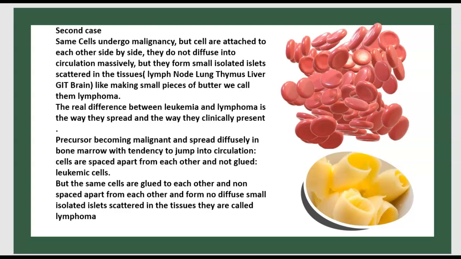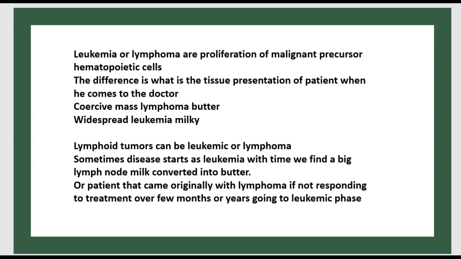But when the same cells are glued to each other and form small isolated islets scattered in the tissue, they are called lymphoma. Leukemia or lymphoma are proliferations of malignant precursor hematopoietic cells. The difference is the tissue presentation of the patient when he comes to the doctor.